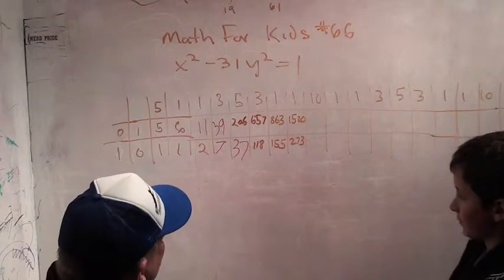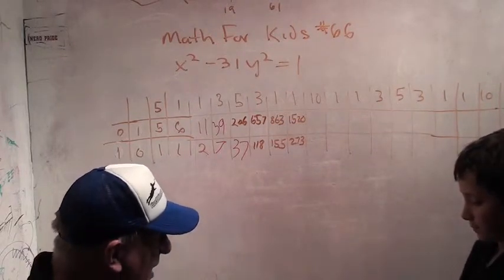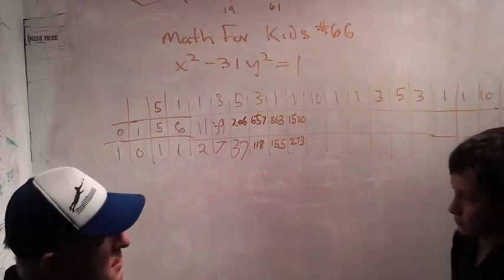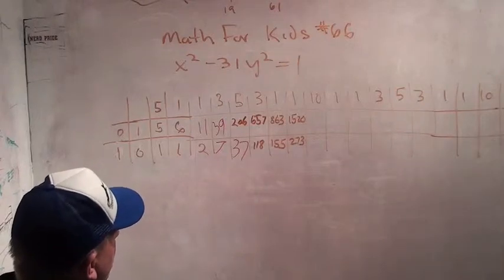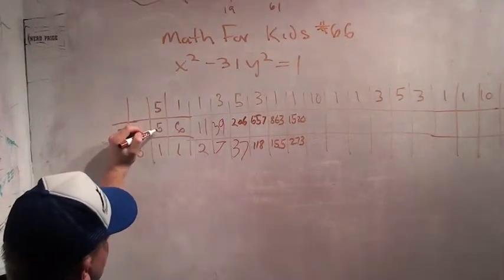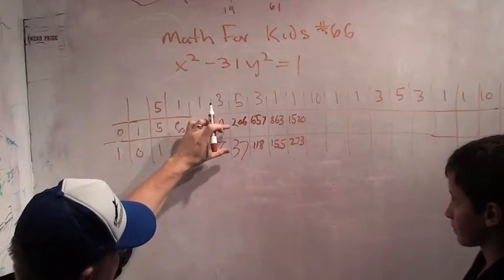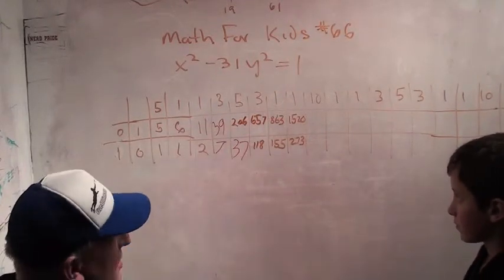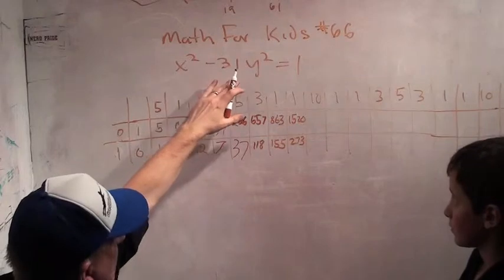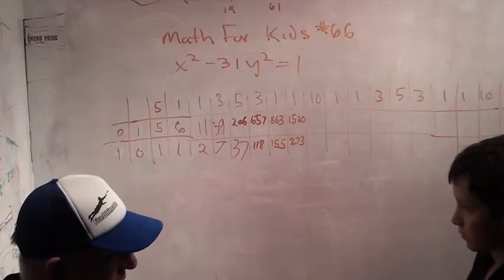So, this is crazy. If this works like we saw with the square root of 2 and square root of 3, these fractions, 5 over 1, 6 over 1, 11 over 2, 39 over 7, 206 over 37, should all be really, really close to the square root of 31.